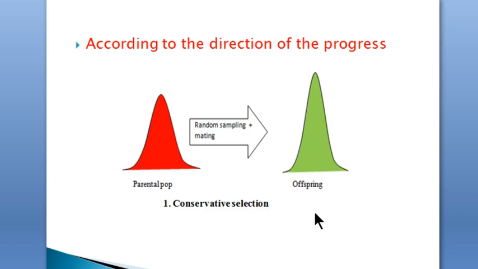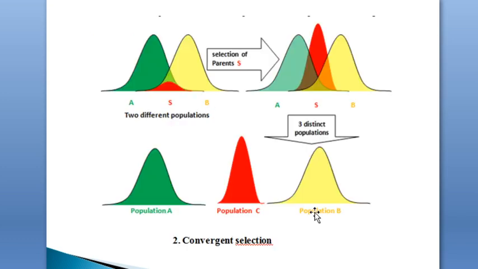After conservative selection we have convergent selection. What is convergent selection? From two initial populations, the individuals at the intersection or the extremes of both populations are selected and randomly bred together to create an intermediary population.